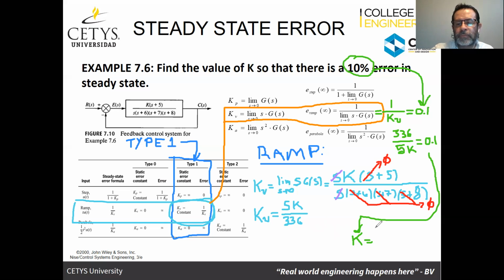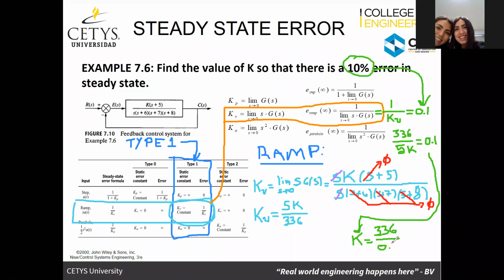336 divided by 0.5. We got 672. 672? Yes, perfect.